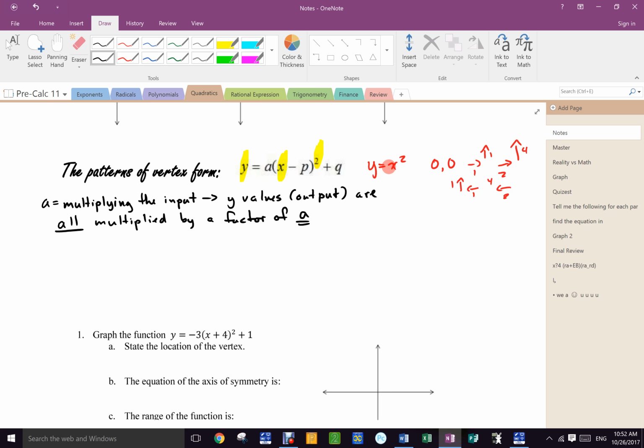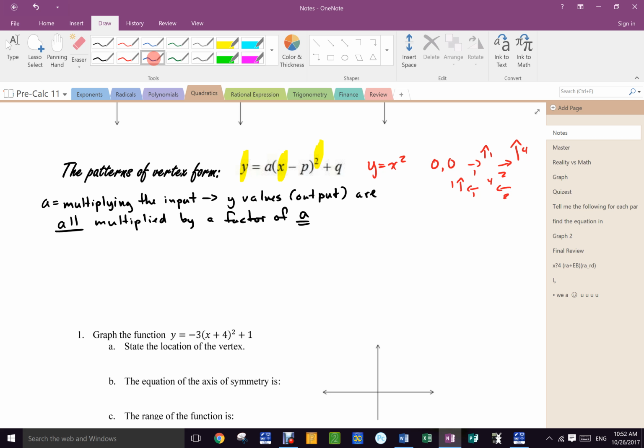Everybody cool? What if I had negative 3? I'm going to go over 1 and down 3. If I go over 2, I should go down 4, but how far am I really going to go down now? 12. Everybody cool? Okay.